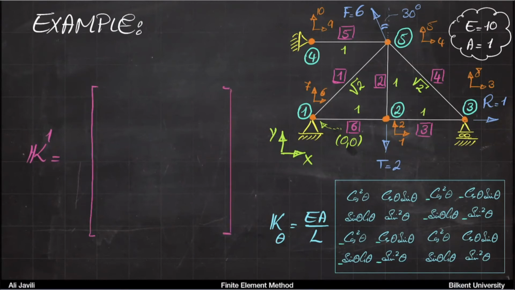So what is EA over L for that? Let's do it one by one. E is 10, A is 1, length is square root of 2. So EA over L would be 10 divided by square root of 2. And then remember, because the angle is 45 degrees, each of them would give you 1 over 2. I would also take that 1 over 2 out. Let me just draw this straight.